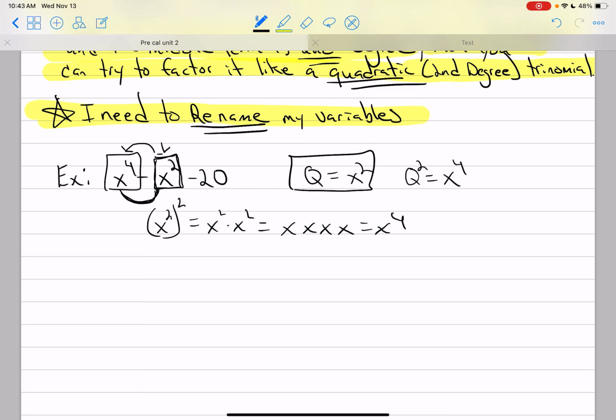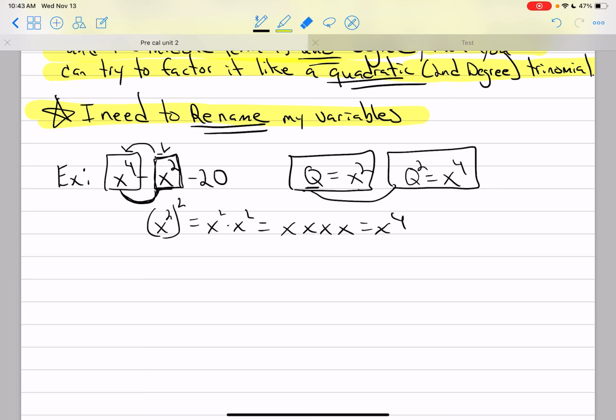So if x squared is q, then q squared is x to the fourth. I have to see that. If I take x squared and square it, I get x to the fourth. So if I call x squared q, if I take q and square it, I should also get x to the fourth. It's a little bit confusing, but hopefully after you see it, you'll be like, yeah, I got this.